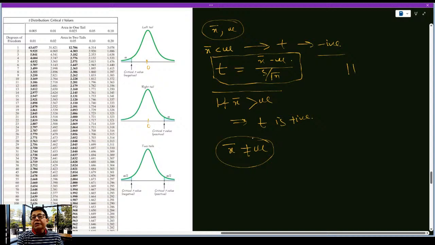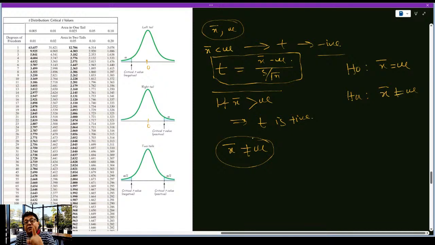So this is H0, when you have taken x bar equal to mu, this is the null hypothesis. HA, when you have taken x bar not equal to mu, is called the alternative hypothesis. When you are doing all these things, you need to check whether the value of this statistic, I mean the critical value of t, is falling in the shaded region or outside it.